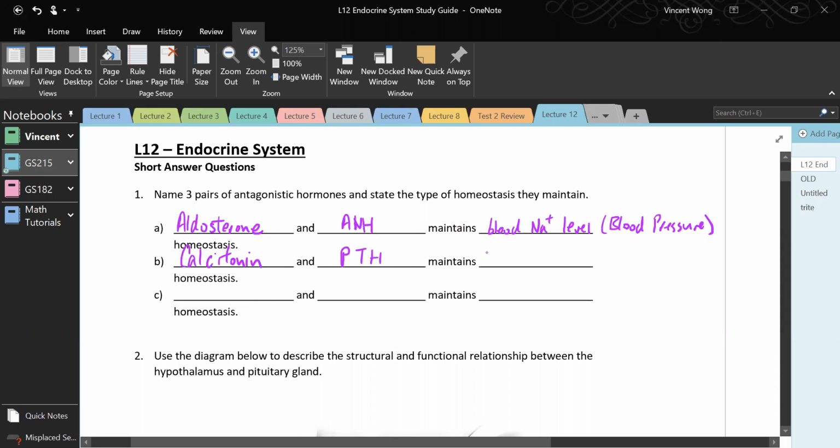So both of them help maintain blood calcium level.